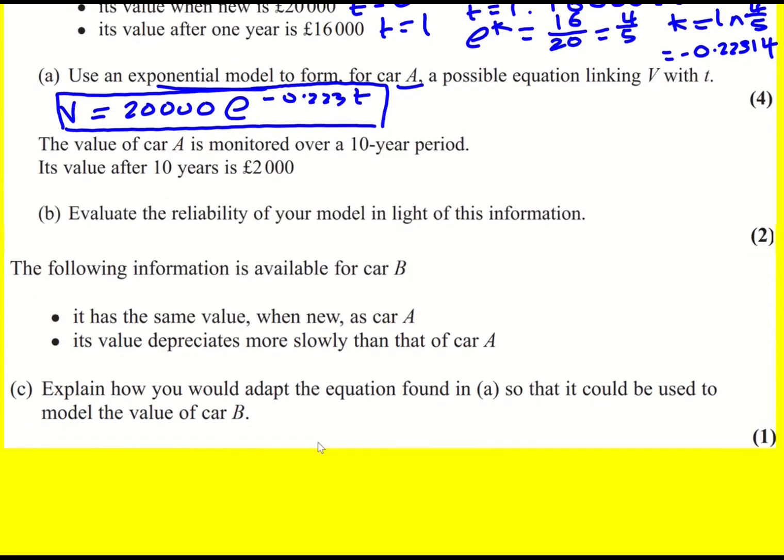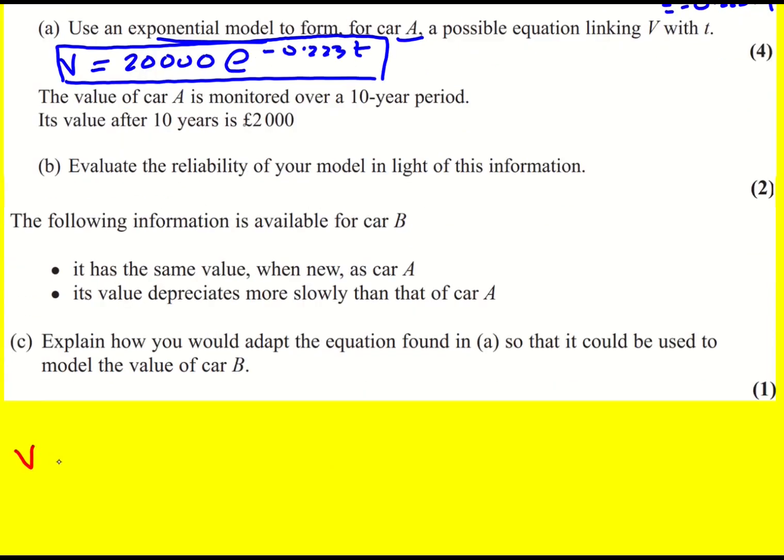Just for info, an alternative would be to go for v equals a, and I'll stick with a as my constant there, and then times b to the t. So rather than using e as my base, which is a number I know, I'm using a number that I don't know. So I've still got two unknowns.